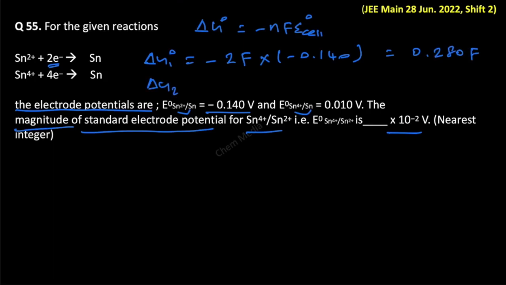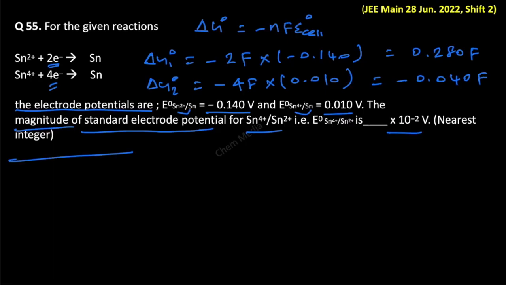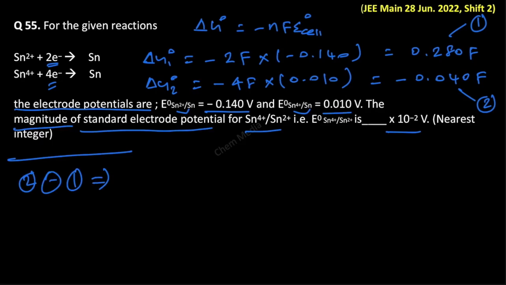And then delta G2 standard is equal to minus 4 Faraday, because 4 moles of electrons are involved, times E cell standard, that is 0.010. Therefore this is equal to minus 0.040 Faraday. Let's say this is equation 1 and this is equation 2. Let us subtract equation 1 from equation 2.